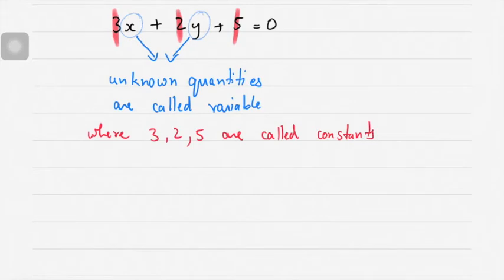Okay, the highest power of the variable in an equation is called the degree of the equation.